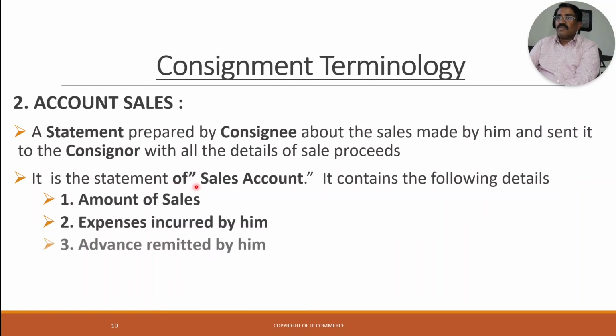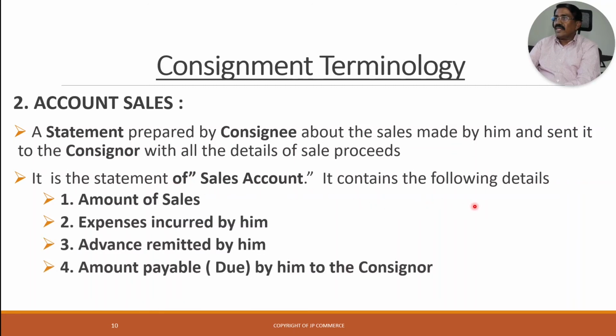It contains the following details: the amount of the sales, the expenses incurred by the consignee, the advance remitted by him to the consignor, and the amount payable to the consignor.